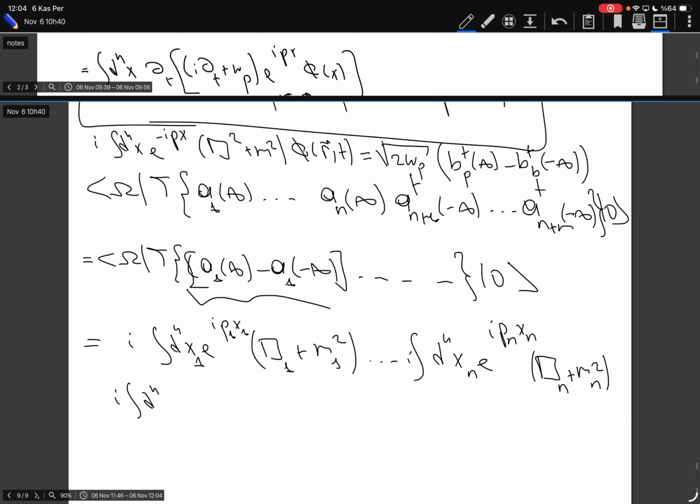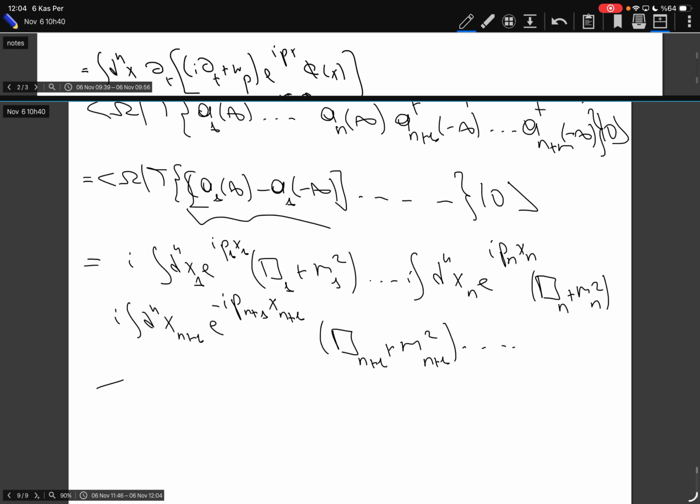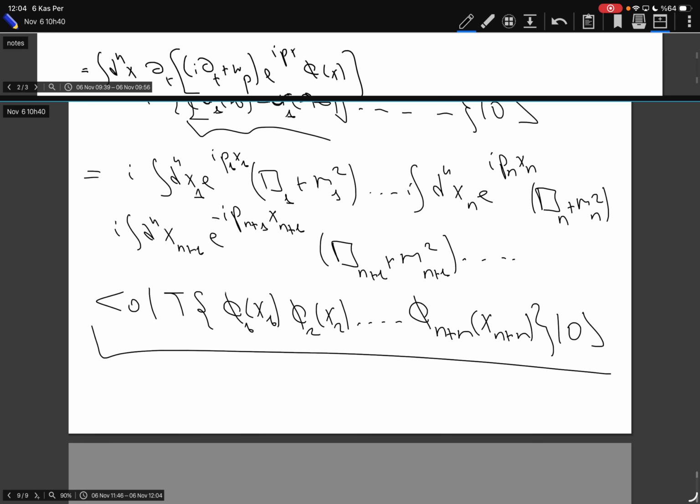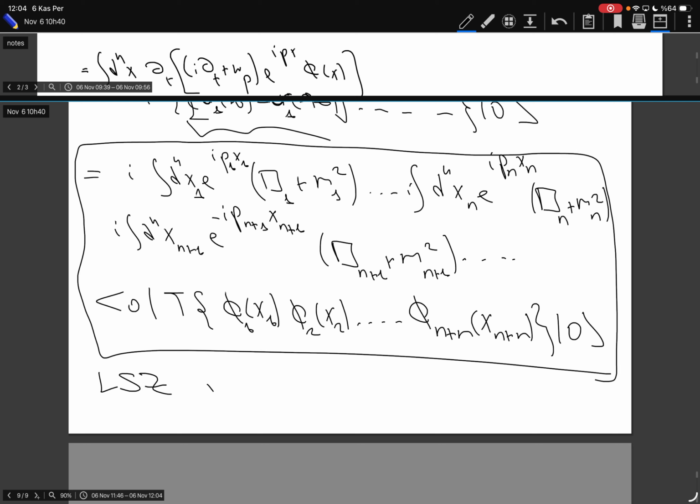Then I will have d4 xn plus 1 e to the power minus i pn plus 1 xn plus 1 Klein-Gordon operator. This one acting on the time-ordered product of phi 1 of x1, phi 2 of x2, up to phi n plus m at xn plus m. This is called the LSZ reduction formula.